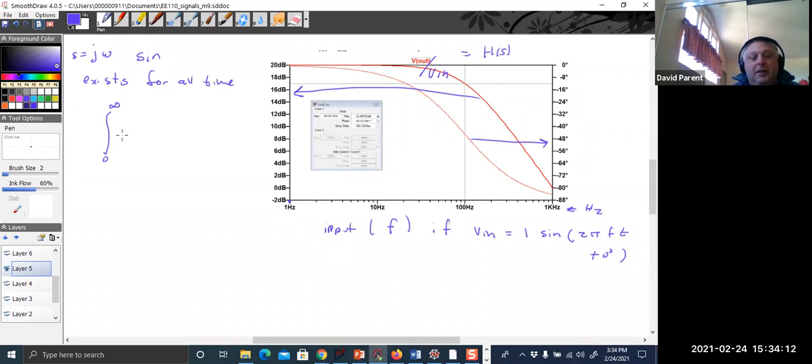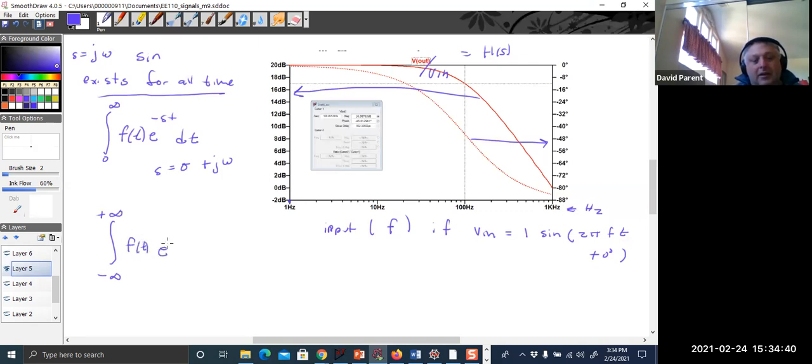So if this is the Laplace transform, where s equaled some real thing plus j omega, well, now we're saying, what does for all time mean? Oh, minus infinity to plus infinity, f of t, e to the minus, and now there's no real part.